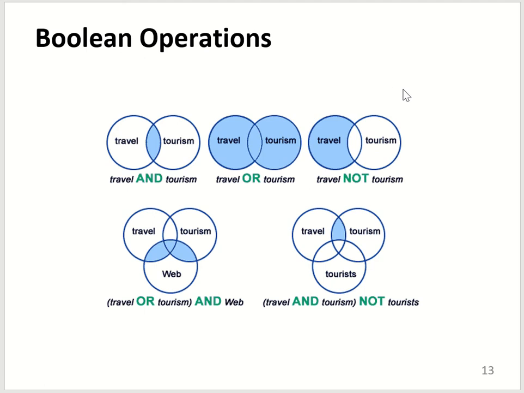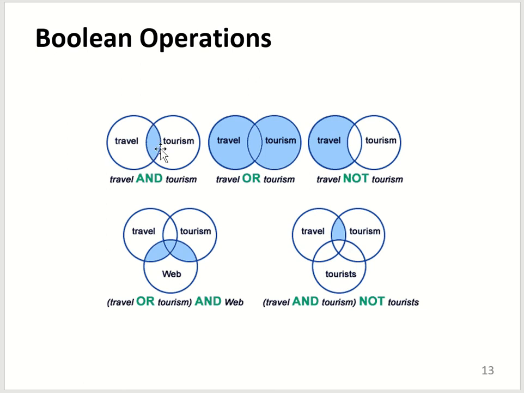Here are some graphics, Venn diagrams, showing how the logical operators are working on these concepts. Here at the top row, there's travel, tourism, and we see what is the output of travel and tourism.